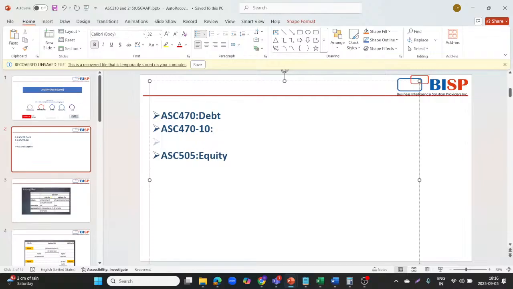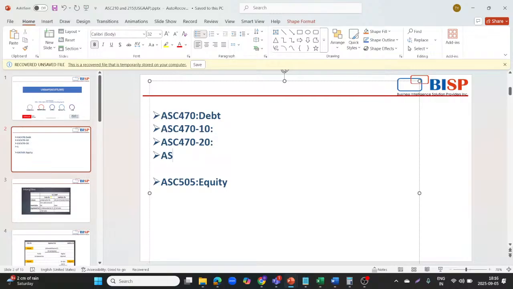Then the next subtopic is 470-20, which provides accounting and reporting guidance for debt with specific conversion features. For example, debt instruments with detachable warrants, interest forfeiture, convertible securities, and induced conversions.